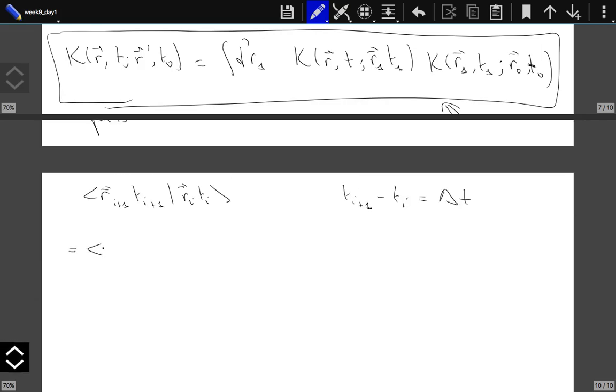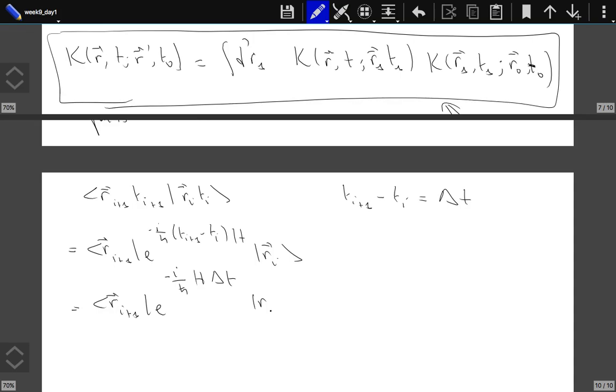Now this is nothing but, from its definition, r(i+1) e to the power minus i over h bar (t(i+1) minus ti) H, so this is just r(i+1) e to the power minus i over h bar H delta t at ri.